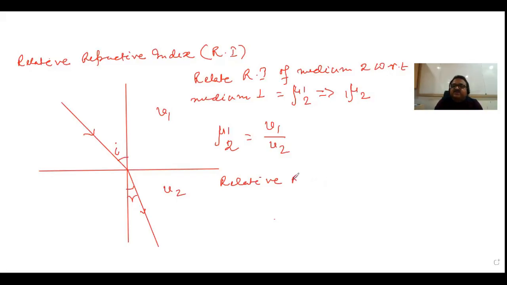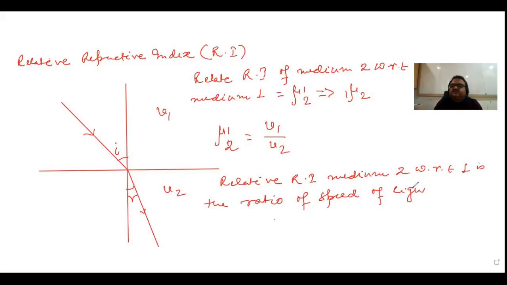Relative refractive index of medium 2 with respect to medium 1 is the ratio of speed of light in medium 1 to medium 2.